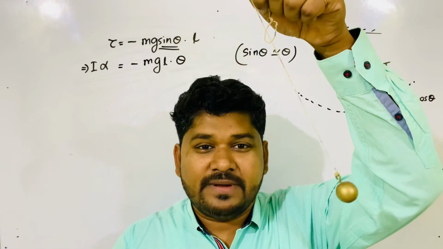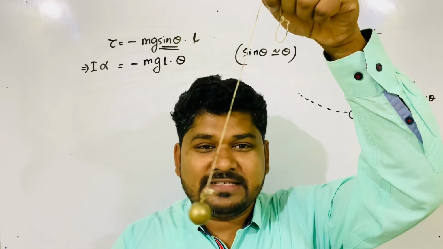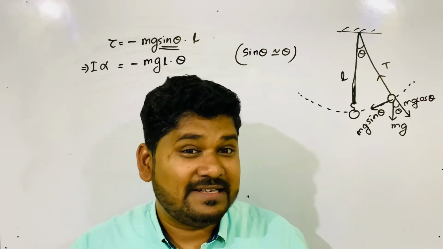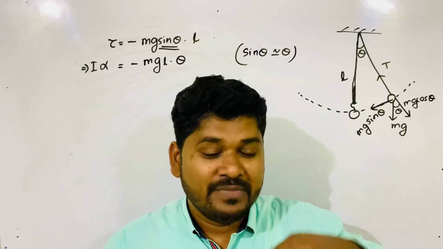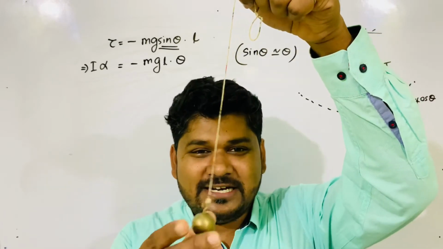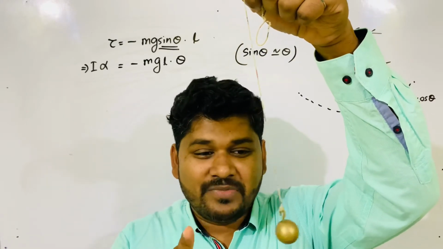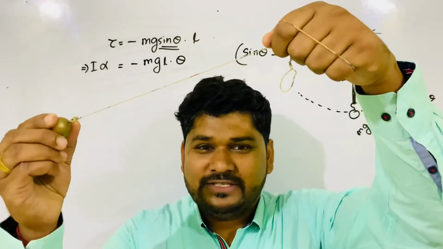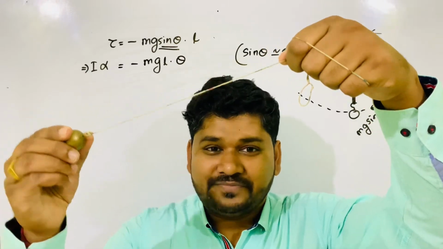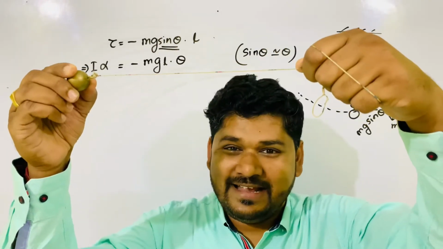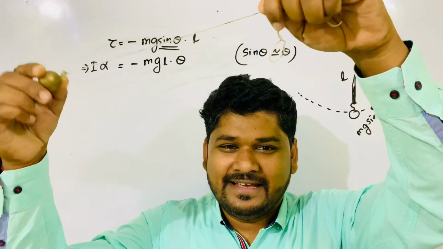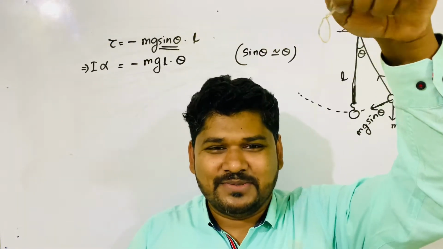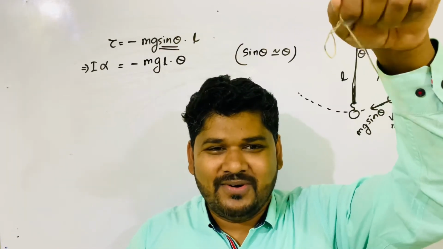But some students who don't know that theta should be very small find it difficult to count oscillations with a small angle. So they take the pendulum to a longer height and then leave it, counting 1, 2, 3, 4, 5.